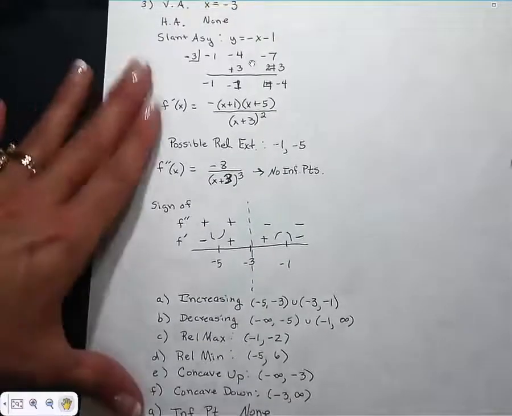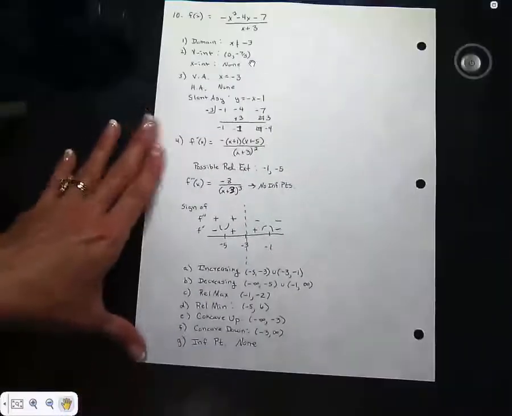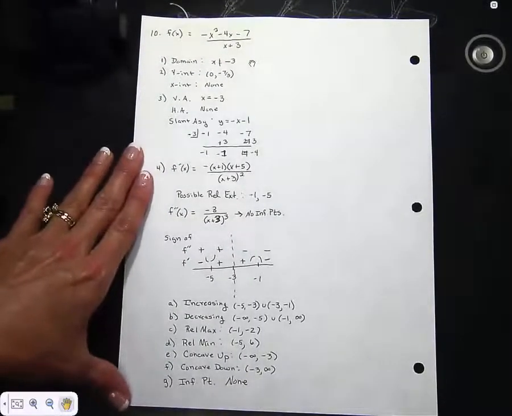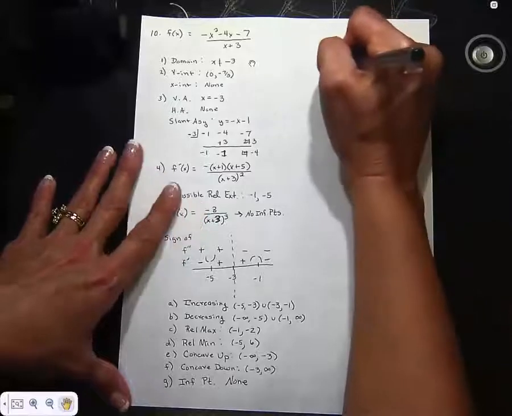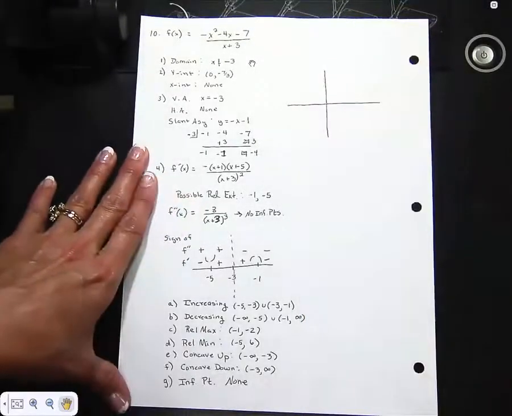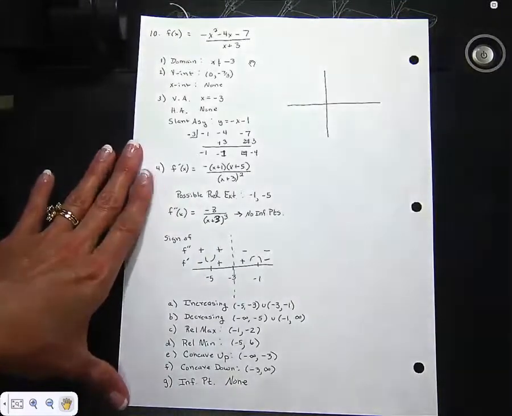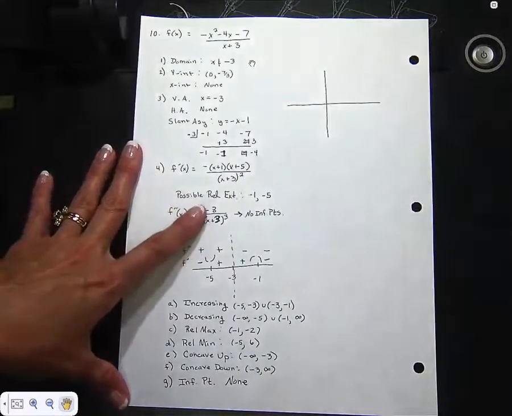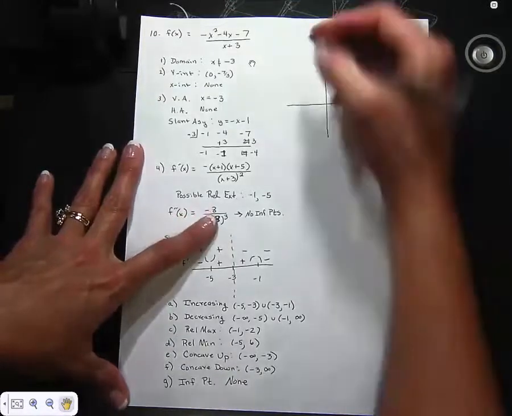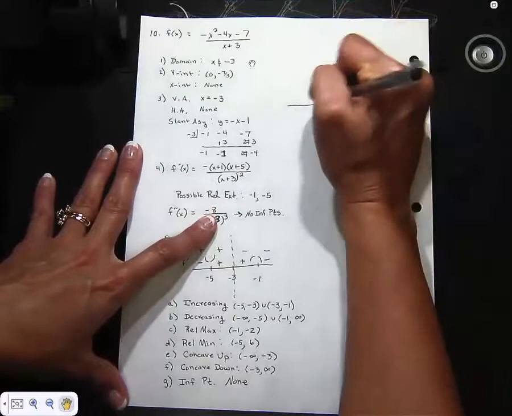All right. There's the actual size of my writing. Put it on a graph. I always graph my asymptotes first. I have a vertical asymptote at negative 3.